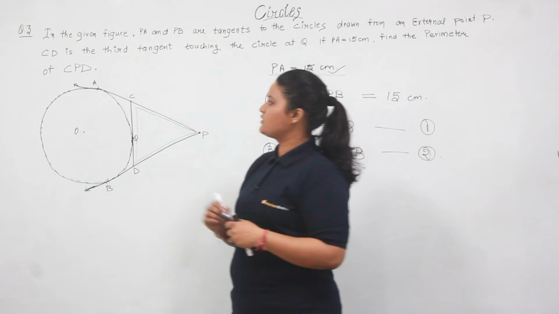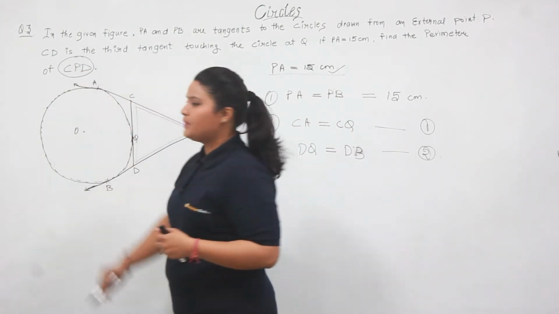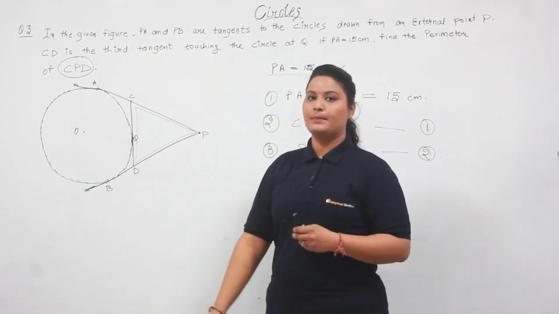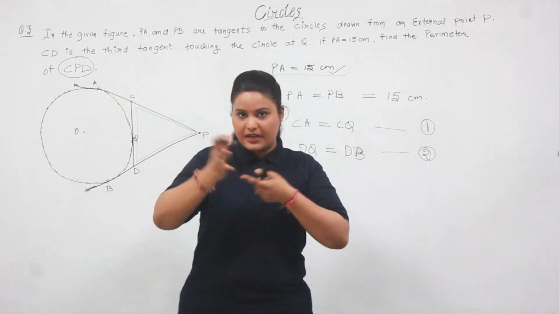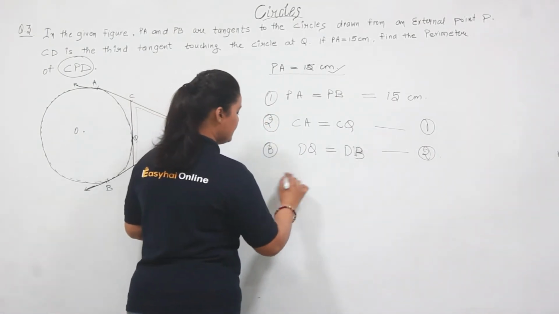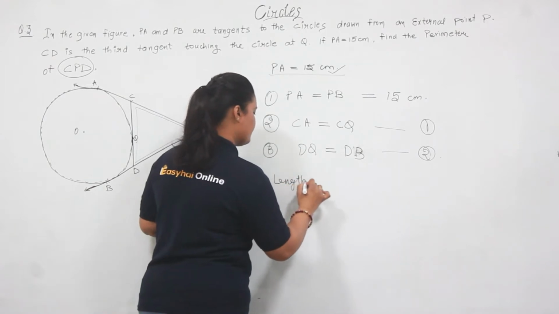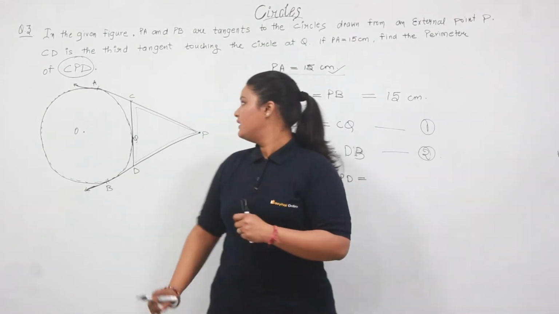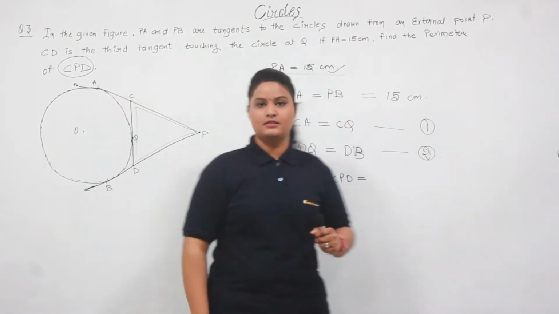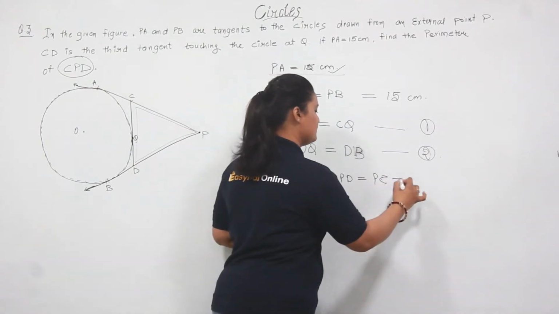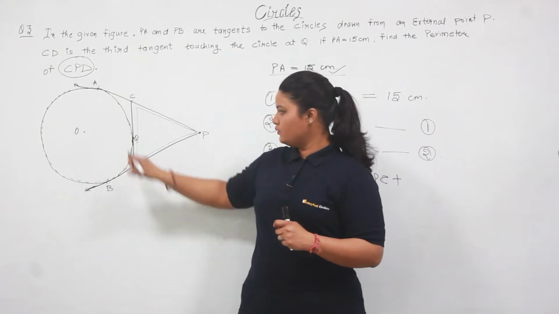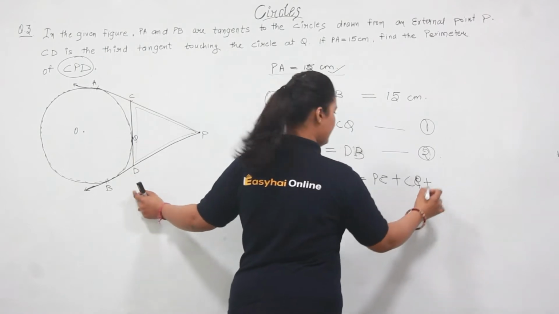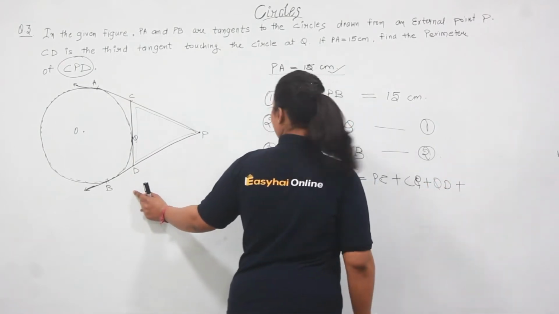Okay, now come back to the question again. We have to find the length of CPD, this triangle. I can break it into parts: the length of CPD can be written as length of PC plus CQ plus QD plus DP.